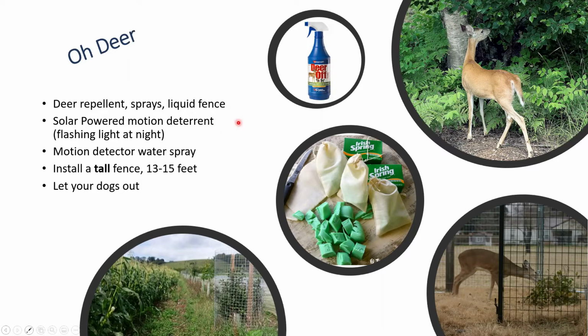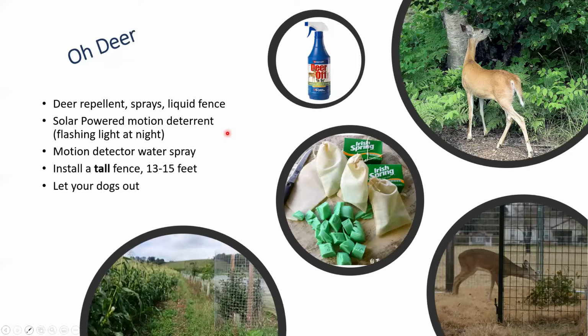There are solar powered motion deterrent contraptions, lights that you can get that will flash in the middle of the night from a motion detector. And you can also get that for water too. It's a motion detector and it'll spray water and get the deer and scare them away.